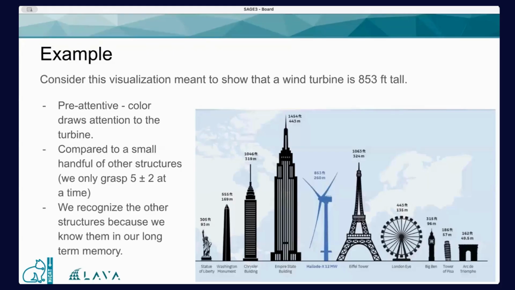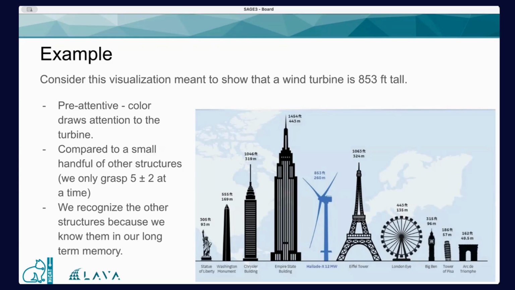And this is the example that I'm going to show you guys. One of the pre-attentive attributes is color. So if you have something that is of a different color from everything else, it's going to stick out at you. Imagine that everything is red and one thing is green. You're going to see that green thing, right?